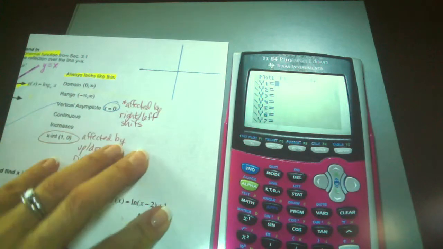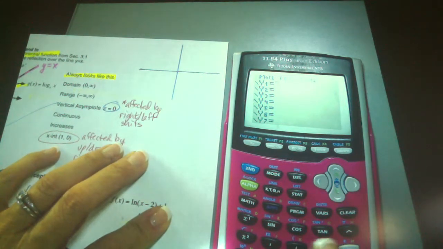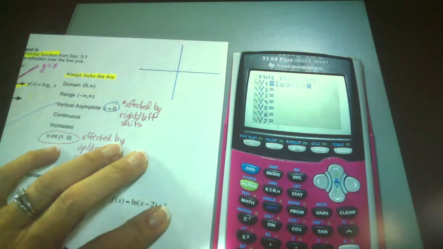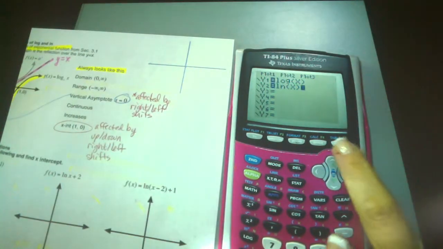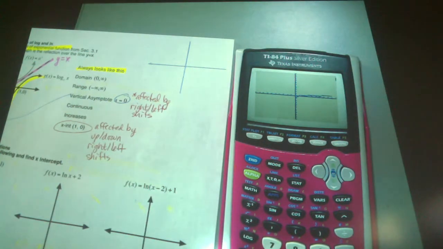So I'm just going to put the log of x in first, and then I'm going to put below that the natural log of x. So the very first graph that pops up is going to be the log. And there it is. It hugs that x-axis fairly closely, and then the natural log was right above it there. So this one doesn't show that quite as nicely, but this one does.